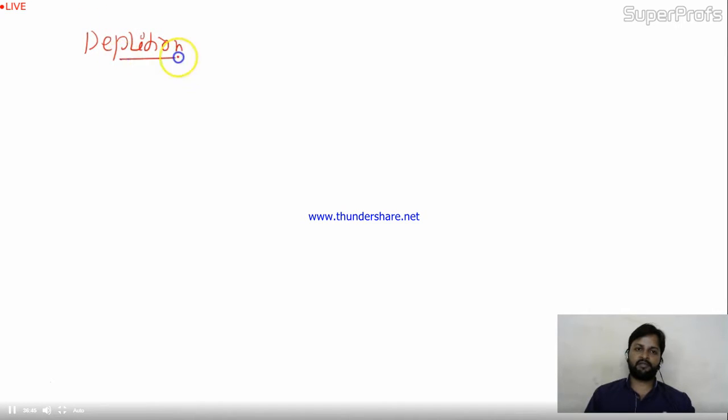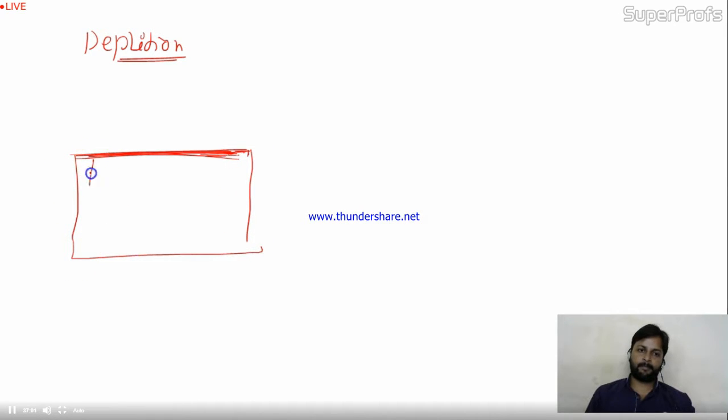So depletion, if I talk about it, the situation is like this: this is the SiO2 layer. It's insulating the gate from the substrate. Here N plus, here N plus. This is drain, this is source.